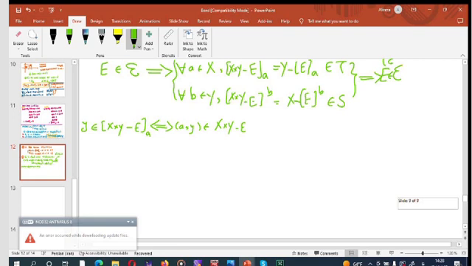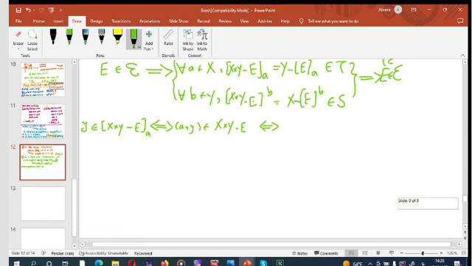So that (A, y) does not belong to E, and this is equal to y does not belong to this section, not and not, okay?